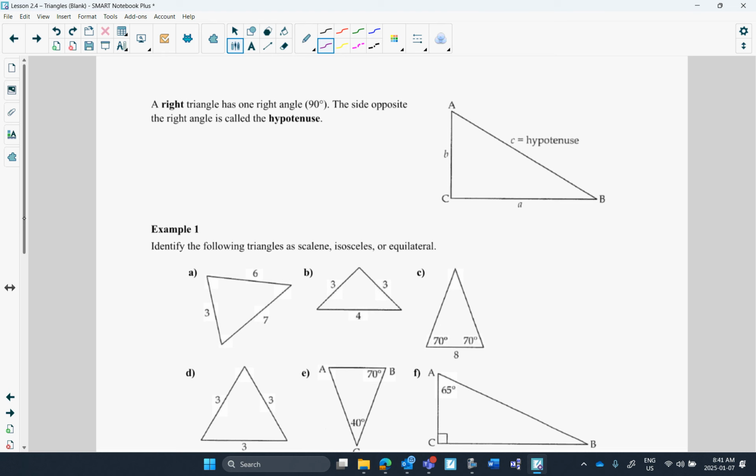We also have right triangles, where one of the angles is going to be a right angle, and that's where the vertical and horizontal sides meet. And of course, that little half box is what we use to represent 90 degrees or a right angle.